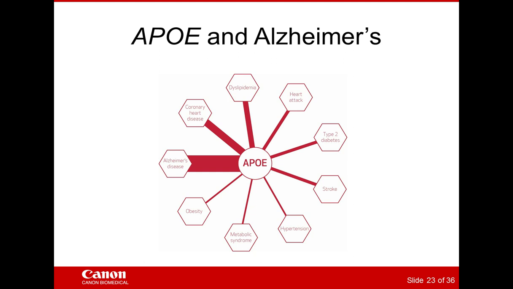APOE, the long form of the name being apolipoprotein E, is a lipoprotein, so traditionally, biology-wise, it's associated with many things in the cardiovascular system. But it also shows up in a lot of Alzheimer's disease research, and that may be what it's even more well known for.